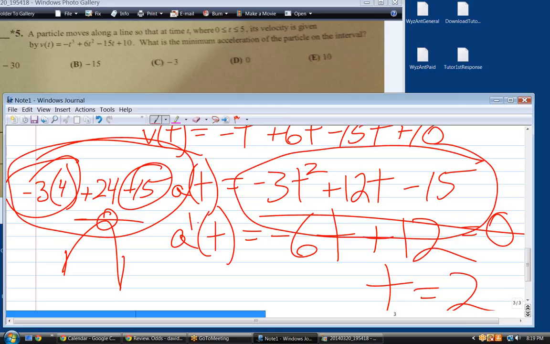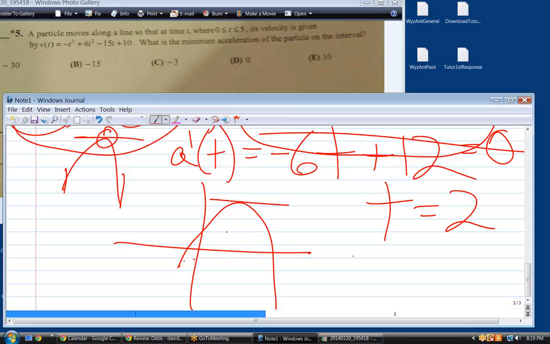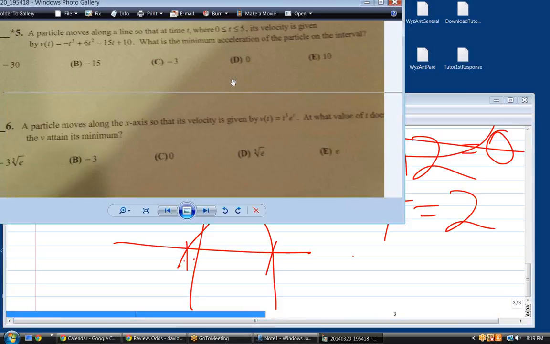The acceleration function looks like this. If I'm looking for the minimum value, I'm going to take the first derivative, find out where it's equal to 0, which is there, and then check my endpoints also, which are there and there, and find out whatever is the lowest value. And that's the way we did it the second time, and that's the way we should have done it.